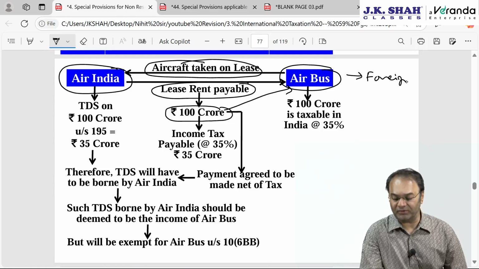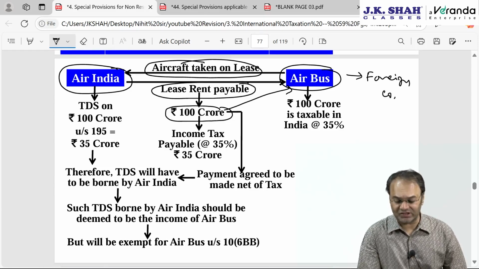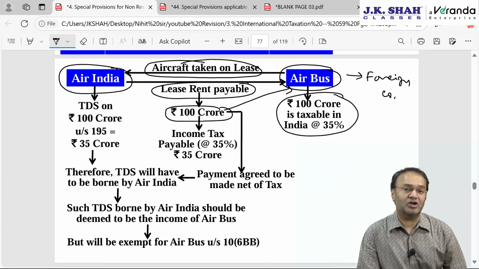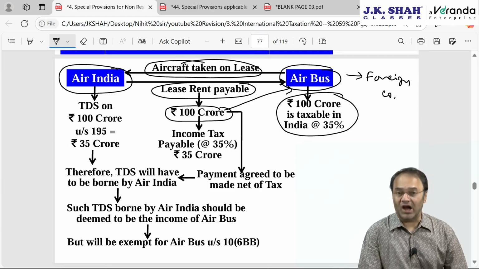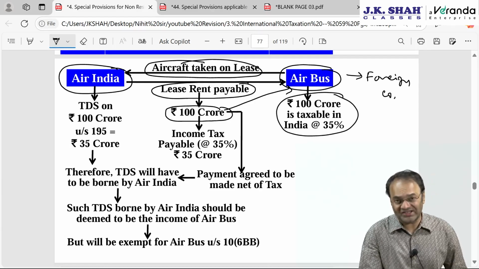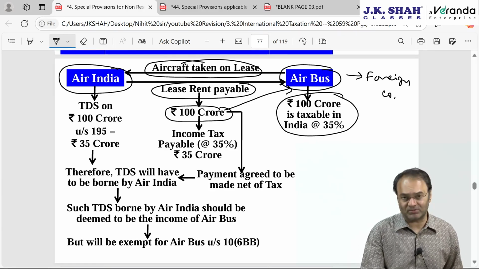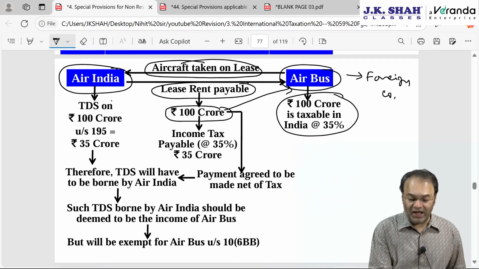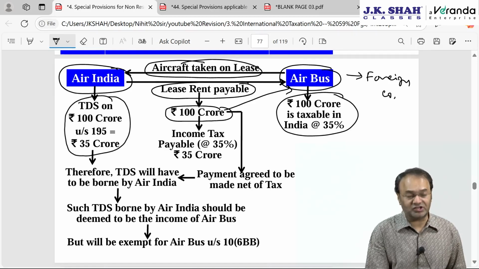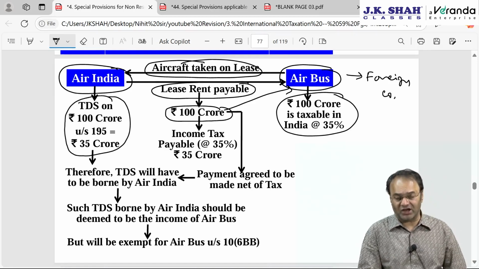Being a foreign company, the tax rate applicable for the current year AY 25-26 is 35%. The entire 100 crore should be taxed at 35%. Of course, less expenditure, but assuming there is no expenditure, the entire 100 crore is taxable at 35% plus surcharge plus health and education cess. Air India is supposed to deduct TDS on this under section 195.